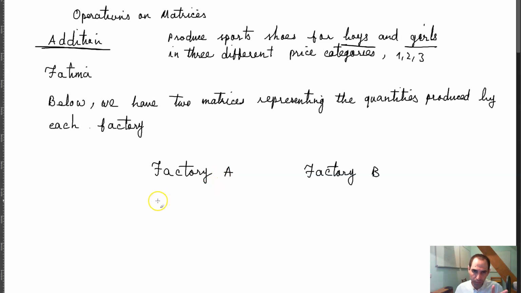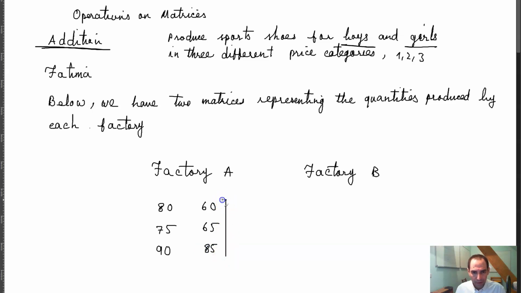There are two types of shoes, meaning there are shoes for boys and shoes for girls, and for each of these there are three price categories, meaning that you can write, for example, 80, 60, then 75, then 65, then 90, and then 85.